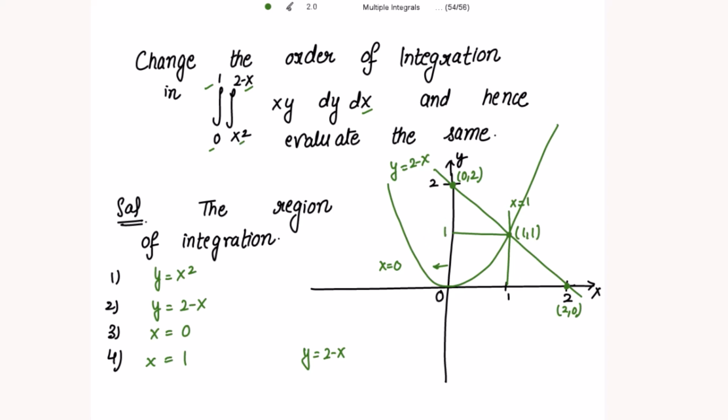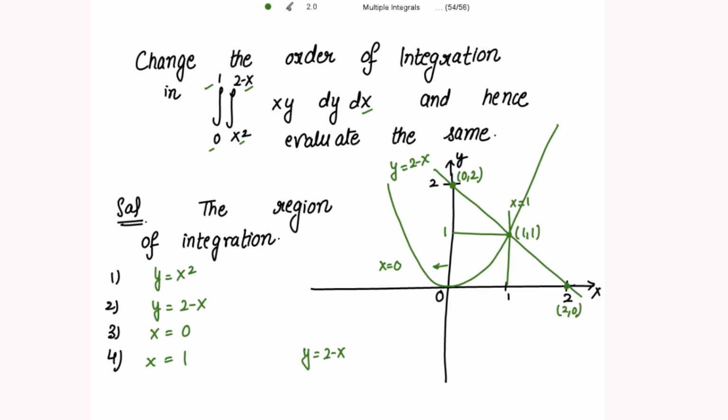Now because the limits of x are constants in the given double integral, whenever the limits of x are constants, we have to draw the strip parallel to the y-axis. Or in the other way, you can also notice that the limits for y are variable, so we have to draw the strip parallel to the y-axis.